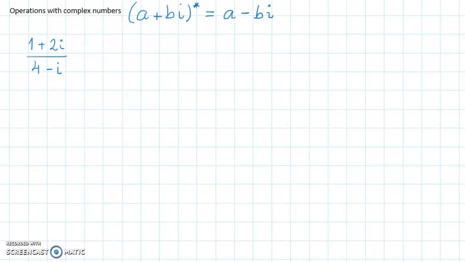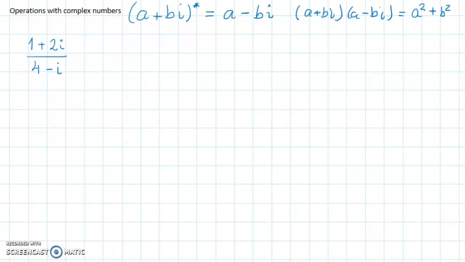Why are we doing this? Well, the nice property that we have over here is that if we try to multiply a complex number by its conjugate, according to the multiplication we already know how to do, we're going to have a squared. We are also going to have in the real part a term that has bi multiplied by negative bi, so that's going to be plus b squared.